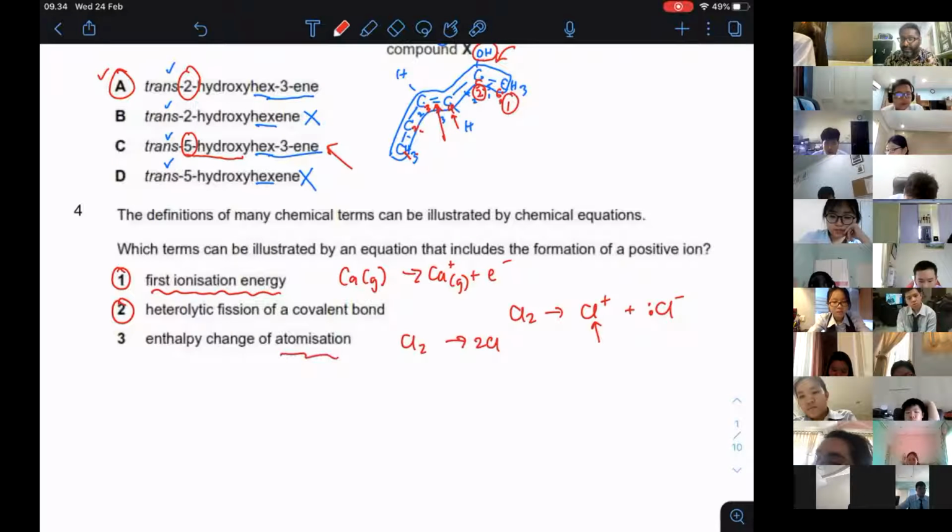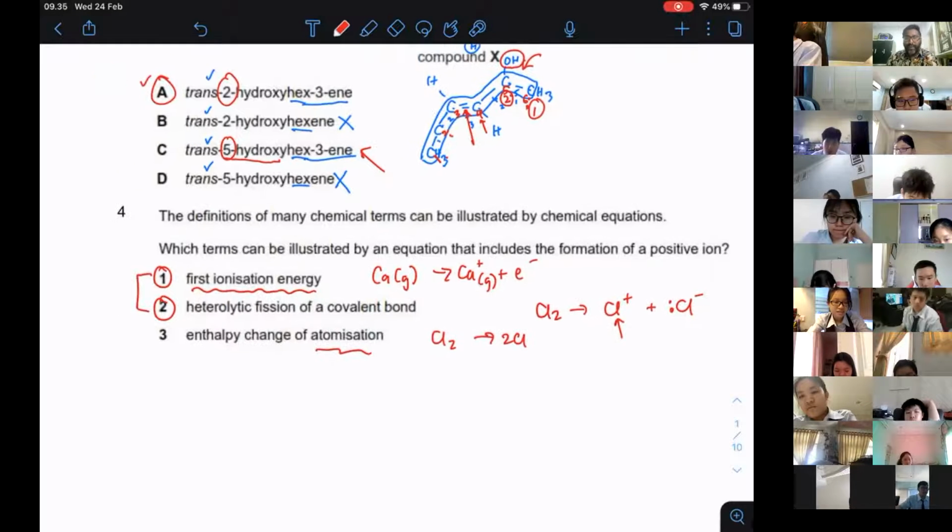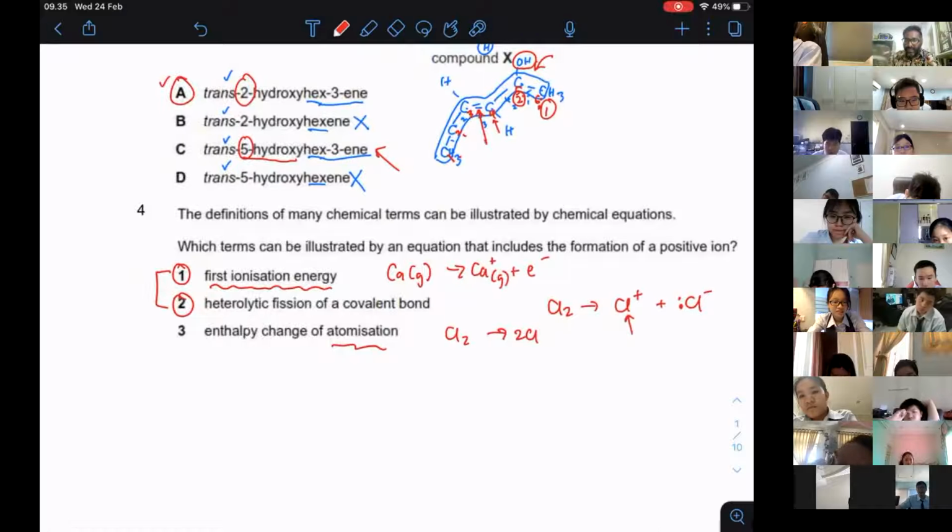According to the definition, you are changing it into atoms, not ions. So the answer is going to be 1 and 2. If they mention A, B, C, D, normally this 1 and 2 option is going to be B.